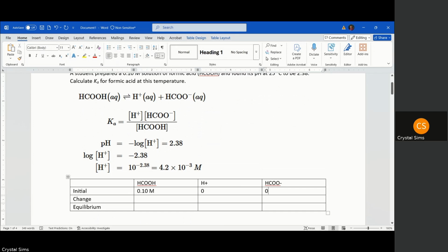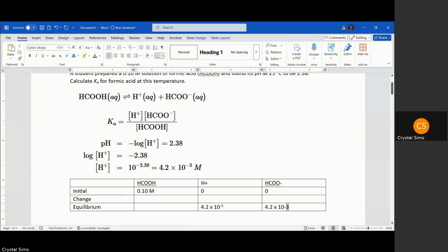We figured out that the hydrogen ion concentration, we just calculated that, is 4.2 times 10 to the negative 3. And if that is the hydrogen ion concentration and it is one of our products, then it's also going to have to be the concentration of the formate ion.